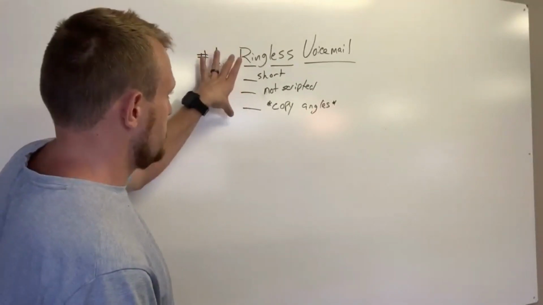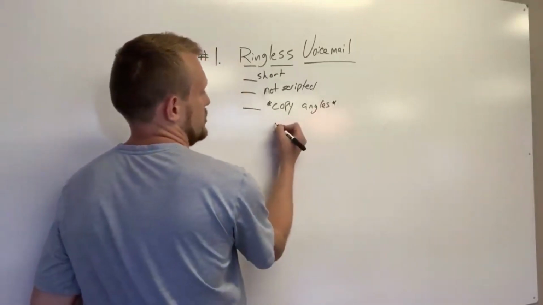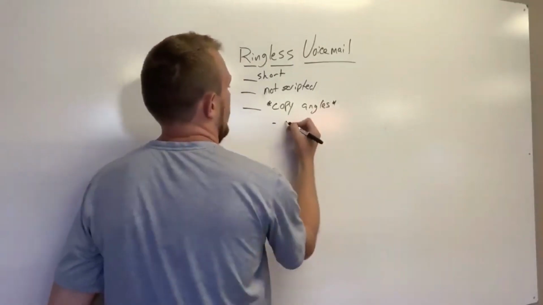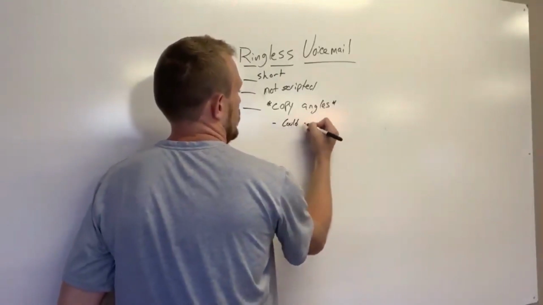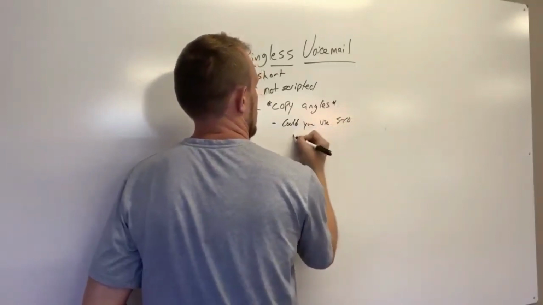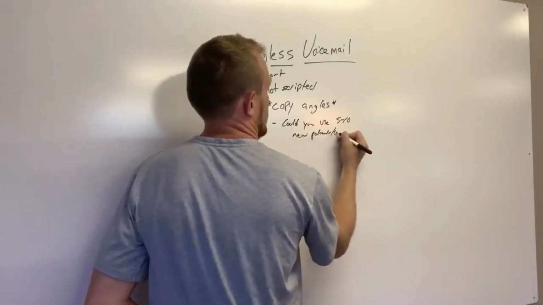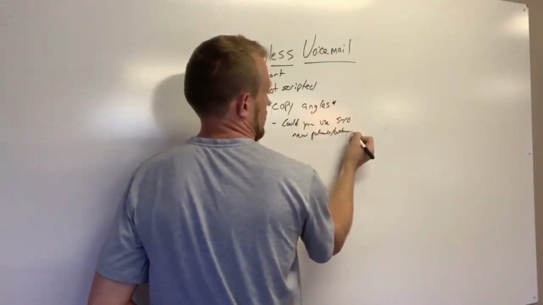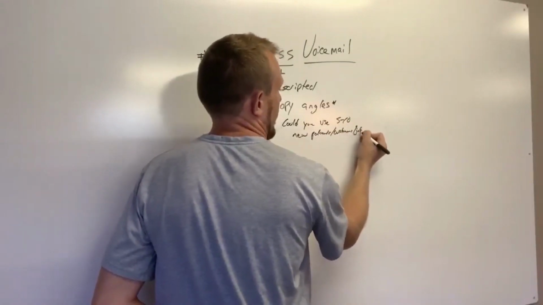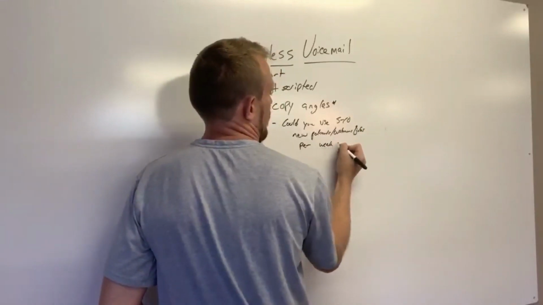So when we do these, and I'll give you guys a little hint at this, the angle is really simple. Like the traditional, could you use 5 to 10 new patients, customers, jobs, whatever the lingo is for the niche, per week or month.